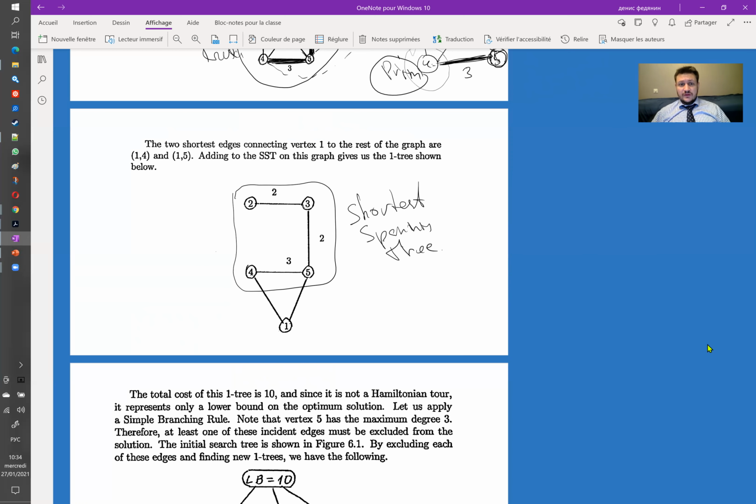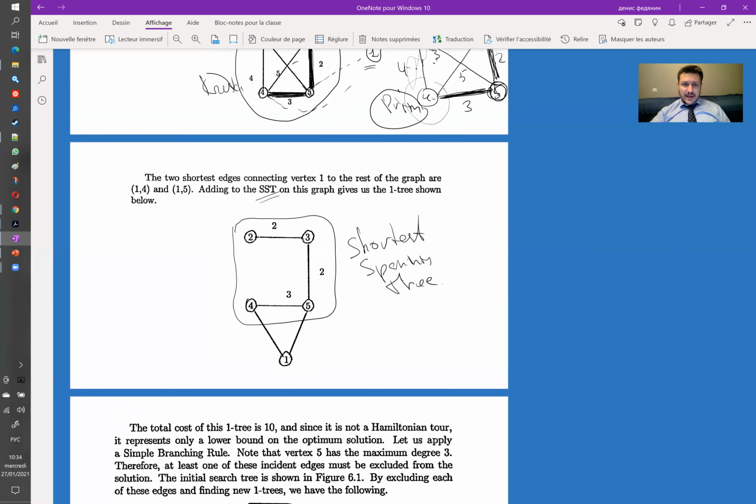It's some kind of solution, but we use it like a lower bound. We can get it very fast with Kruskal's algorithm and Prim's algorithm. But we need to solve the problem when we have all 5 cities. So we cannot exclude one and say, okay, we don't need it. We really need it. So we add it and we check.